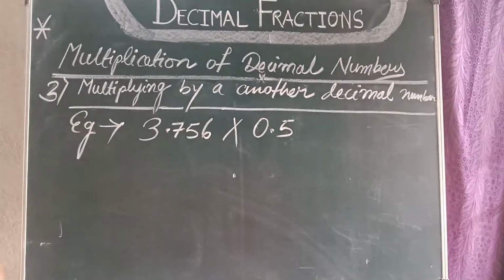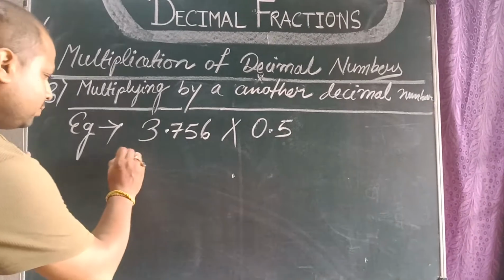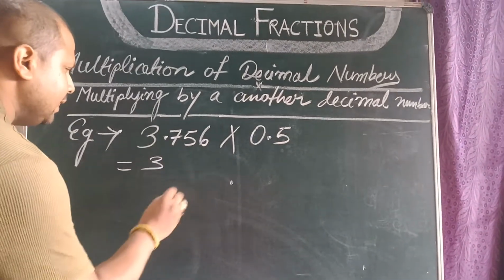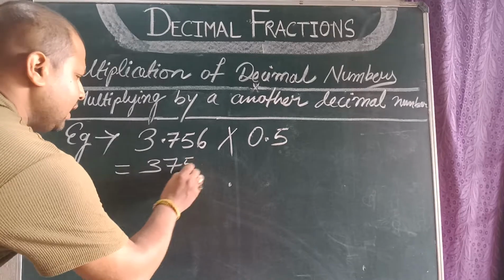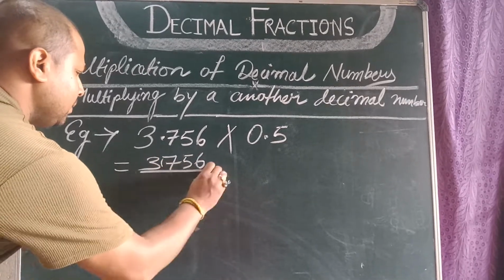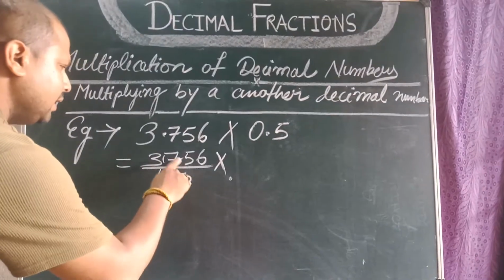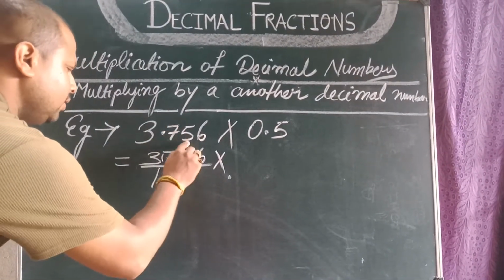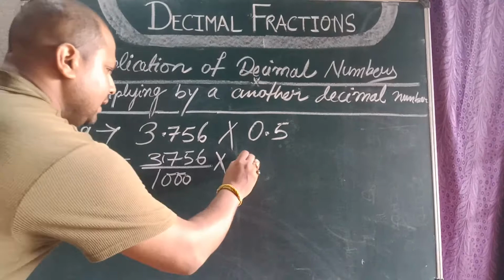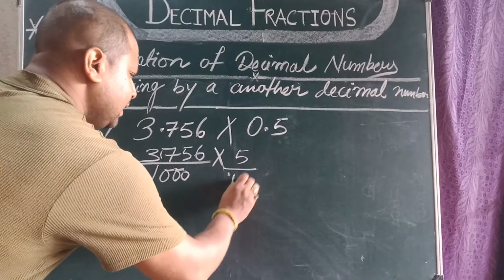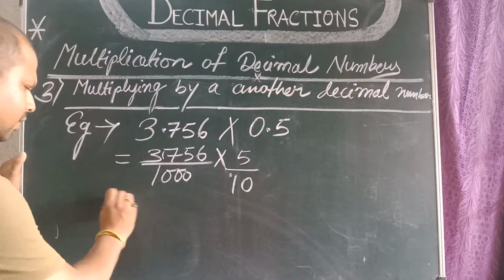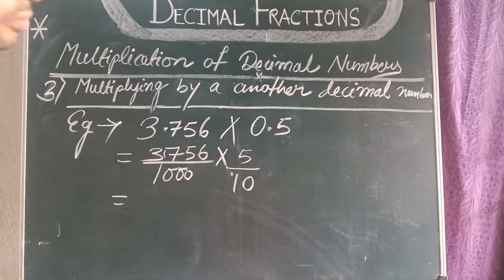Two decimal numbers are going to be multiplied. Let's see what is going to happen. It will be written as 3756 by 1000, because there are 1, 2, 3 digits after the decimal, and here it will be 5 by 10. Now simply you will multiply like normal multiplication.